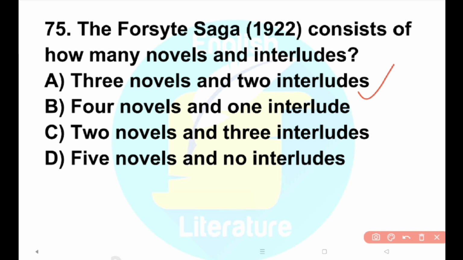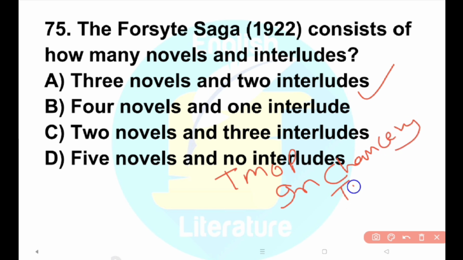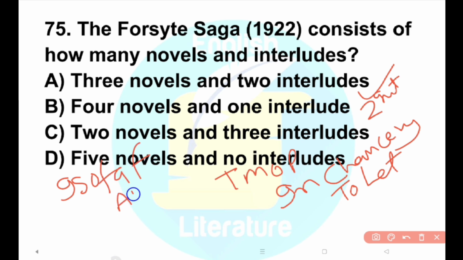The saga includes three novels: The Man of Property, In Chancery, and To Let, and two interludes: Indian Summer of a Forsyte and Awakening.